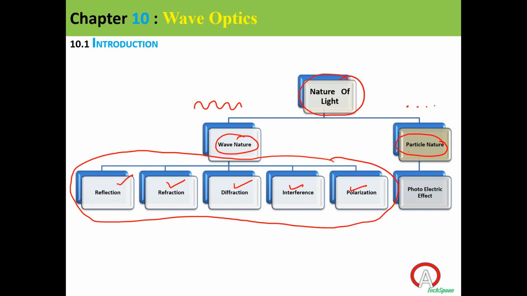Using particle nature, we can explain the photoelectric effect, which you would have studied under dual nature, right? So there are two natures, wave nature and particle nature. These five phenomena, reflection, refraction, diffraction, interference, polarization, we can explain based on wave nature. But the photoelectric effect can be explained only using particle nature.